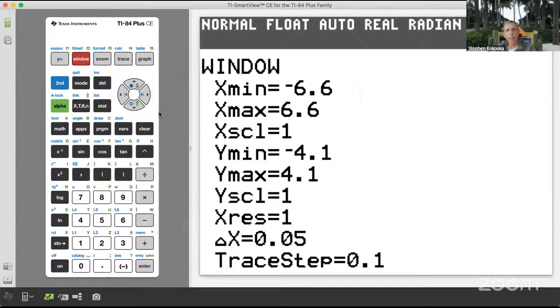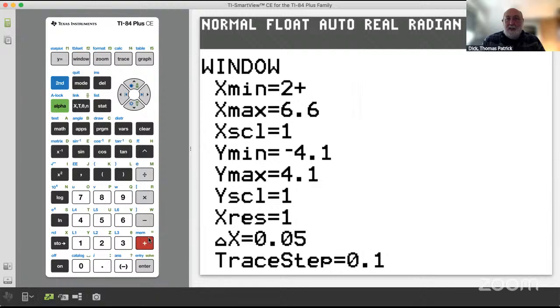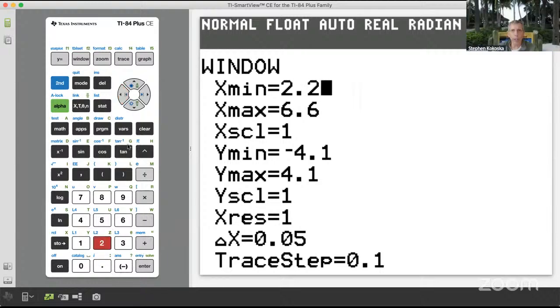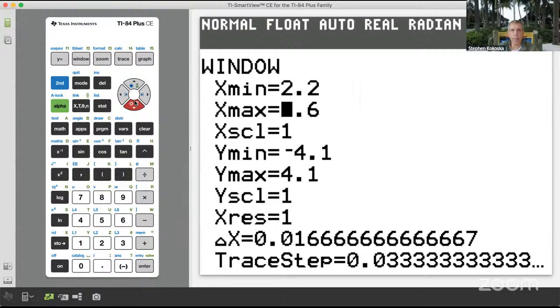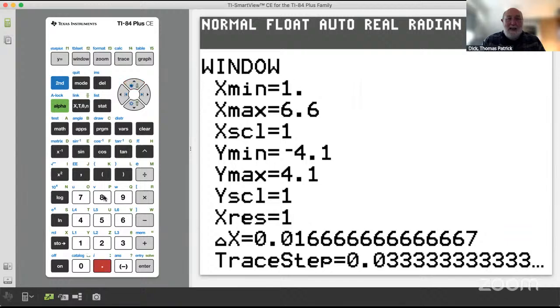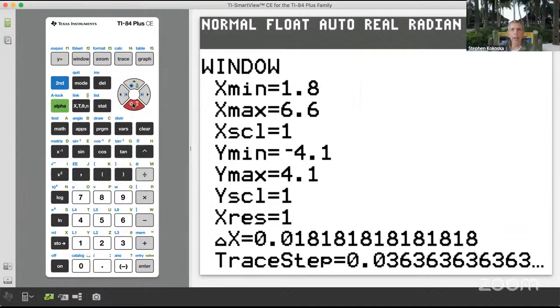I'm going to make my x min 2 minus 0.2, so let's go from 1.8 to 2.2. Good point, thank you for catching me.